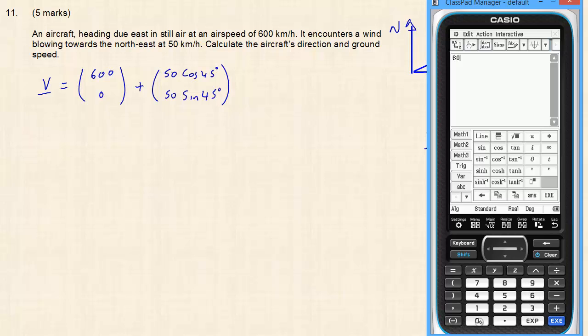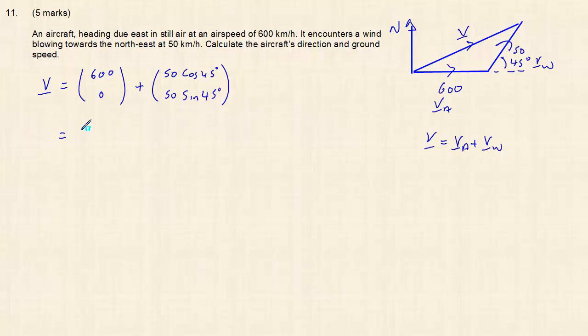So that's 600 plus 50 cos 45, and that's 600 plus 25 root 2. And sine 45 I know is root 2 over 2, so that's going to be 25 root 2 for this one.